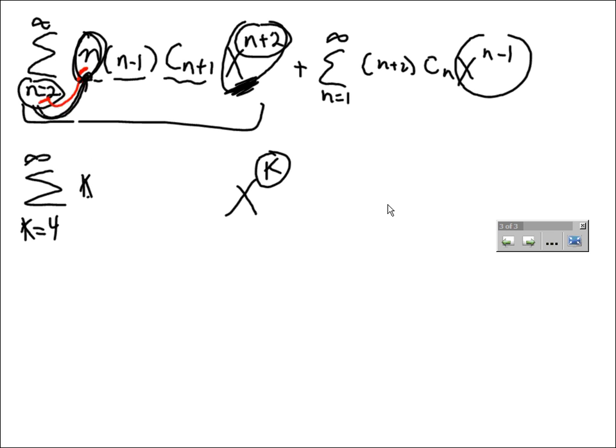Well, k, which starts at 4, take away 2, that's 2. Now, there's two ways of getting the next one. When n is 2, that's going to be 1. So if you're at 4, and you take away 3, that'll be 1. Or you can be slick and say whatever that is, that's 1 less. And if you have a number and you take away 1 from that number, you get 1 less.